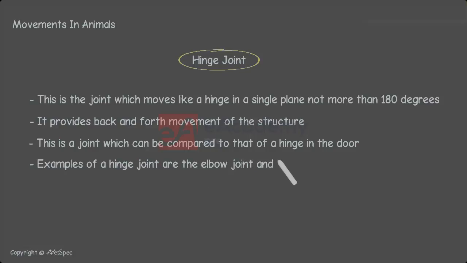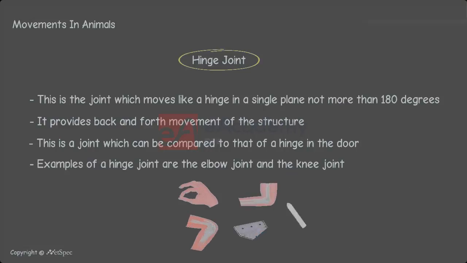This is the elbow joint that allows movement back and forth. The knee joint, for example, provides the same back and forth movement. So the knee joint and elbow joints are examples of hinge joints.